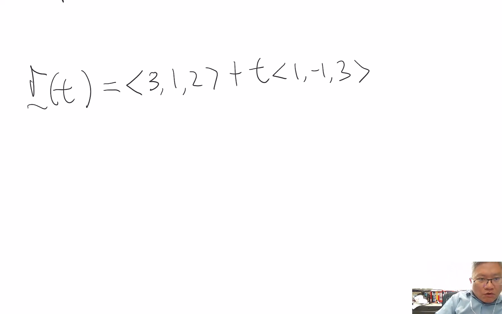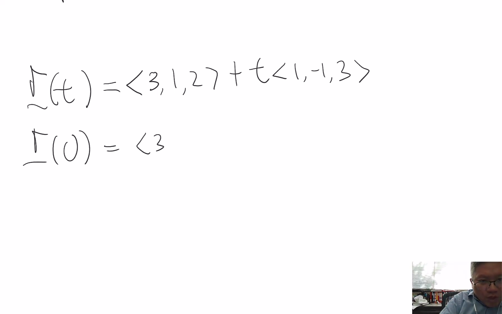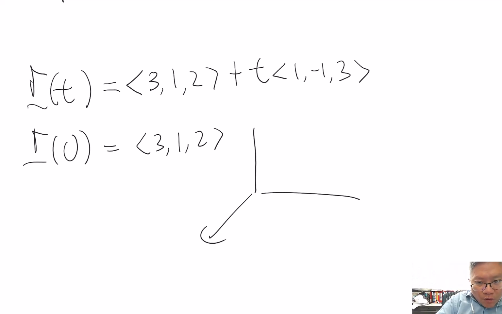Remember that if you put a 0 in here, your output is 3, 1, 2. So this is a position vector for a point at 3, 1, 2. Again, this is not the coordinate. This is 3i plus 1j plus 2k.